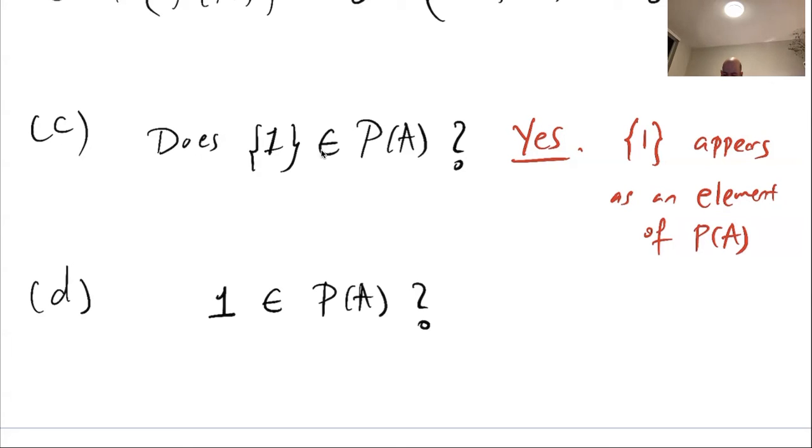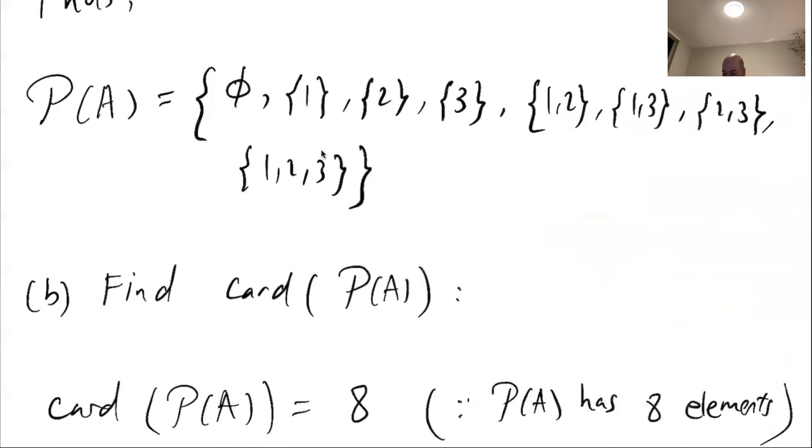Here I said does, but it is does this belong to, or does 1 belong to P of A, or is 1 an element of P of A? What about this one? 1 belongs to P of A.